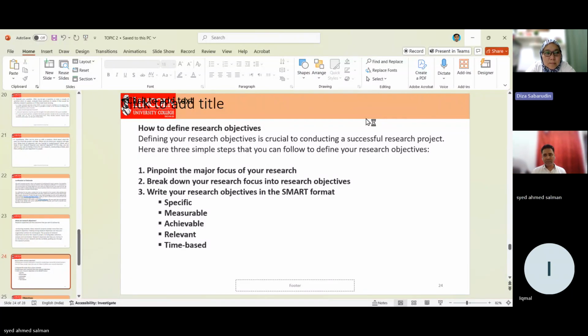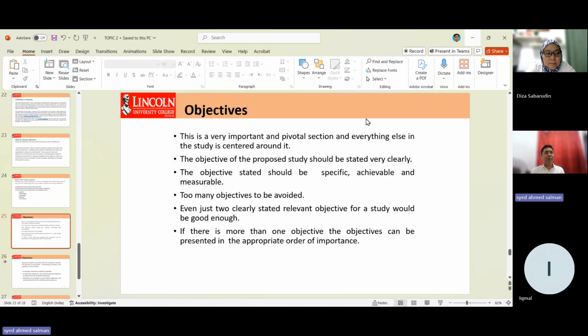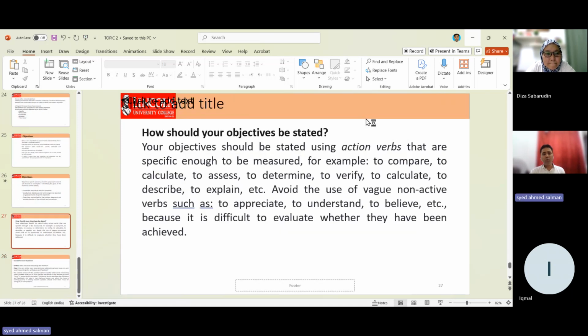Now the question arises, whenever you are developing the research objective, how do you start it? Your objective should be stated using action verbs that are specific enough to be measured. For example, to compare, to calculate, to assess, to determine, to verify.